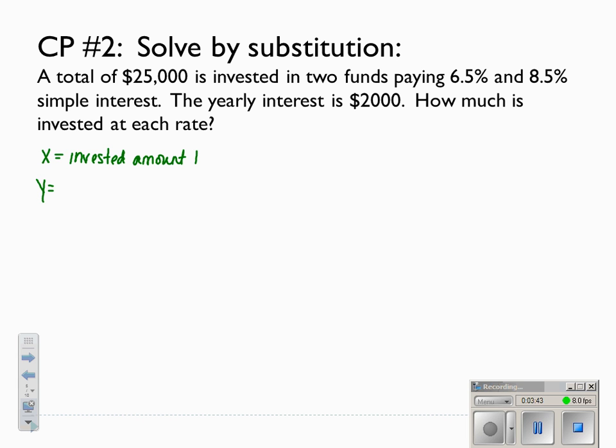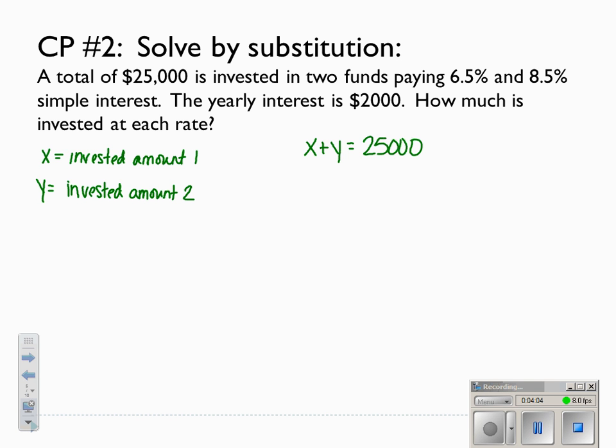And then y is going to be the invested amount the second way. Okay, so the 2 of them together have to come to $25,000. So an easy equation comes from that, looks like this.